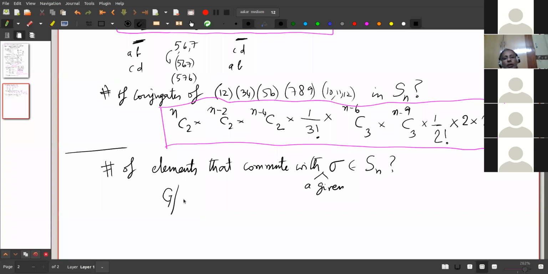G by Gx is isomorphic to the orbit of x. Pay close attention to where the x is. Here it is a subscript, here it is an x on the side. Okay. So this is the orbit of x. This is the coset space, and this is the stabilizer of x.